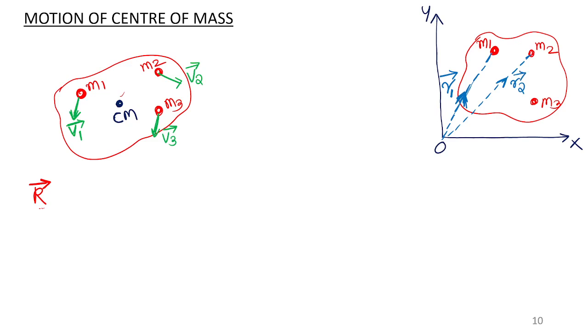Position vector means the position of the point mass is connected with the origin. Similarly, the origin and the position of m3 are connected. We get another vector r3, like that. So r1, r2, r3, etc. are the position vectors of m1, m2, m3, etc.